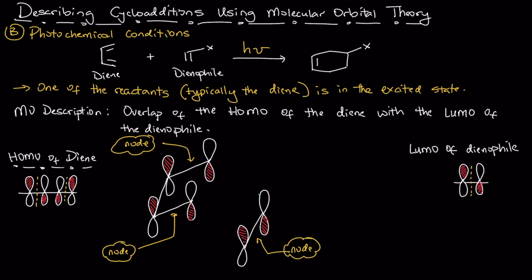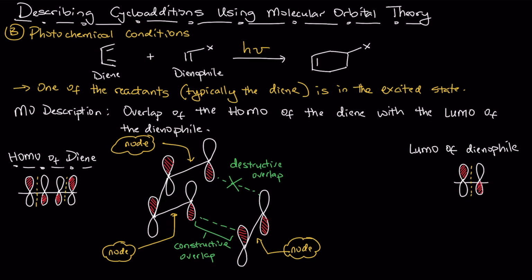It's my hope that while you might see that there is a constructive overlap between one end of our diene and dienophile p orbitals, there is a destructive overlap between the other end of our diene and dienophile p orbitals, and that is denoted in the fact that we have a phase mismatch of our p orbital end on the diene with the p orbital end on the dienophile on at least one of the two sides of this particular cycloaddition.